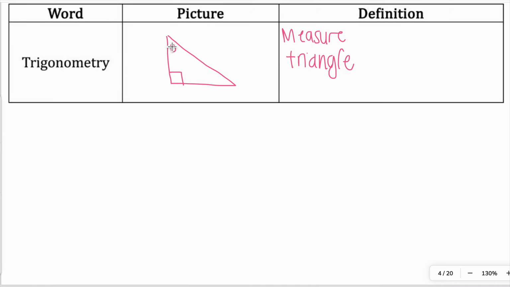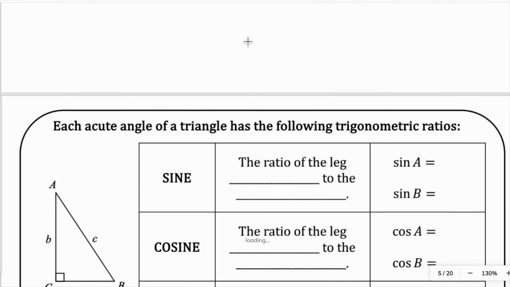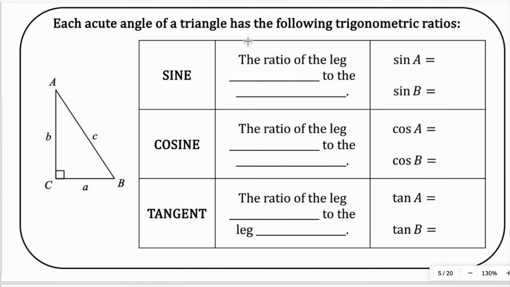So for example, we are trying to find the angle measure of this, and we would be looking at the adjacent to that angle, the opposite to that angle, and the hypotenuse. Those are the key terms we're going to be using today, and we get to figure out how those relate.